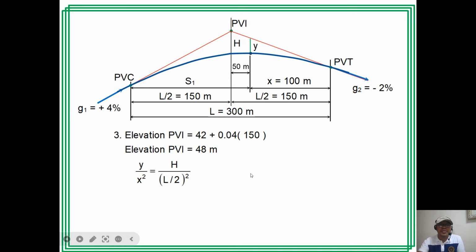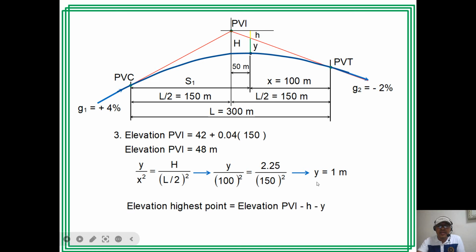So by squared property, y over x squared equal to h over L over 2. But we refer this from the PVT. Y over x equal to h over L over 2. So y there is 1 meter. Then if I will call this distance h, the yellow distance. So the elevation of the highest point is elevation of PVI minus h minus y.